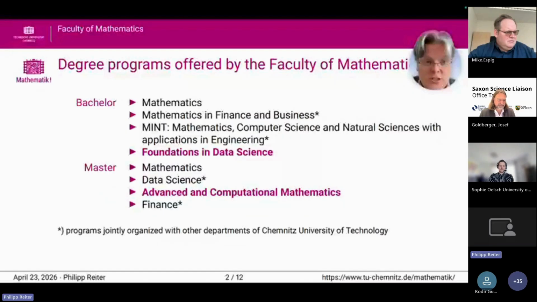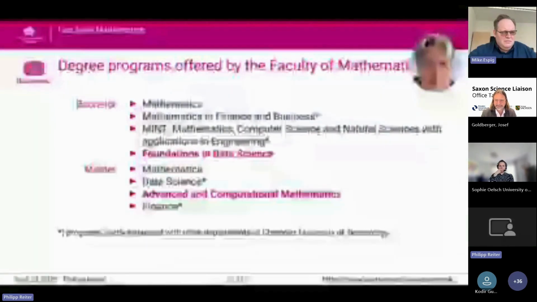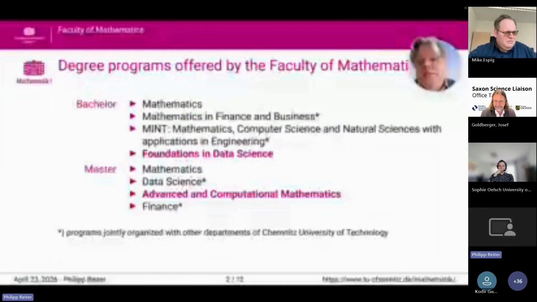What would be interesting for you, if you're interested in a bachelor's program, is our newly opened international program, Foundations in Data Science. And in the master's department, we have a program, Advanced and Computational Mathematics, which is also tailored for international participants.